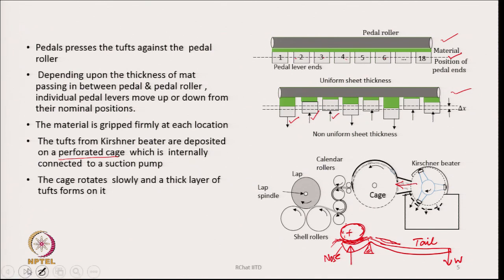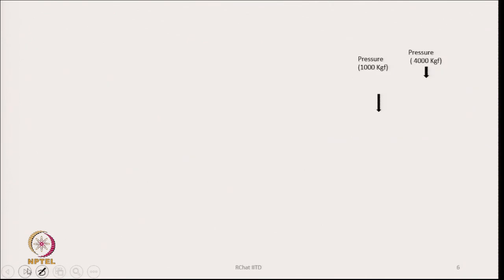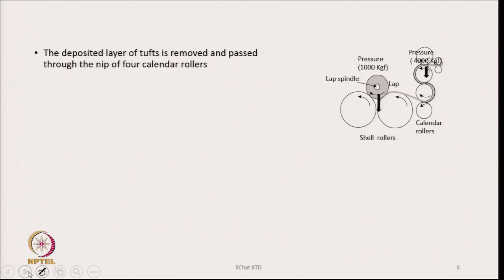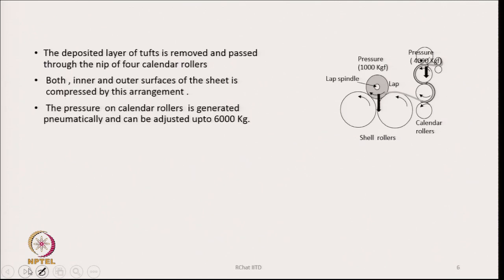So, there will be thick deposition of fibers in the form of a mat, and this mat will move forward. By the time it comes to the other side of the cage, it is already in the form of a thick mat or thick sheet.